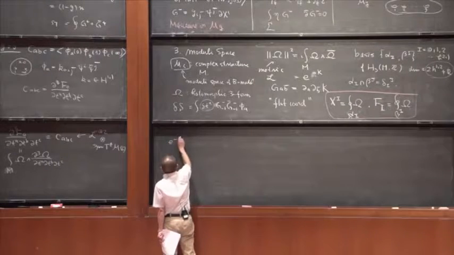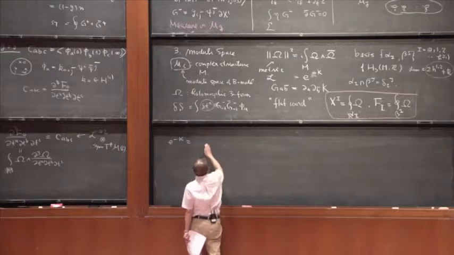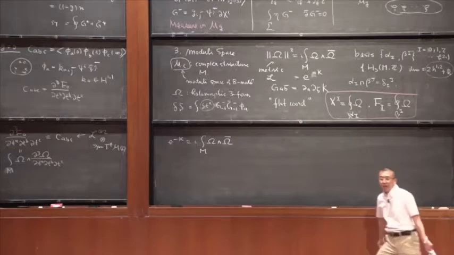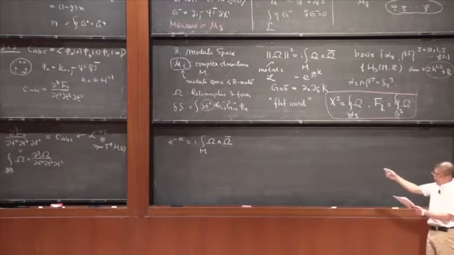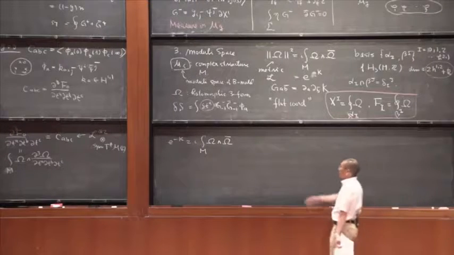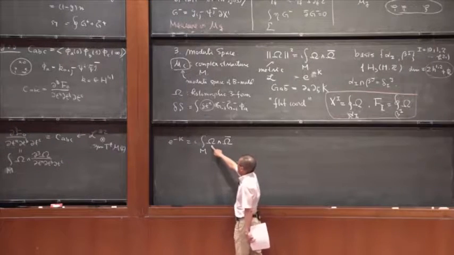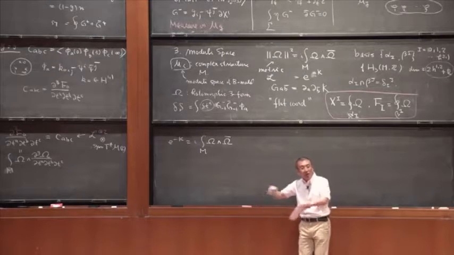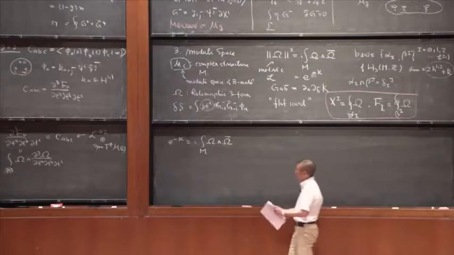So e to the minus K, as I just wrote over there, is i times omega, omega bar integrated over the Calabi-Yau manifold. But you might have seen when you studied perturbative string theory that if you have an integral like that of holomorphic and anti-holomorphic things, you can decompose that into period integrals. This is called the Riemann bilinear identity.